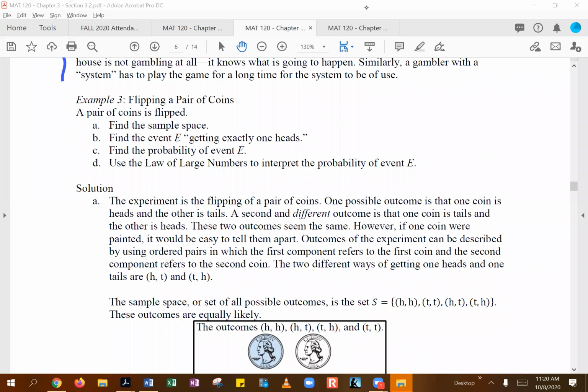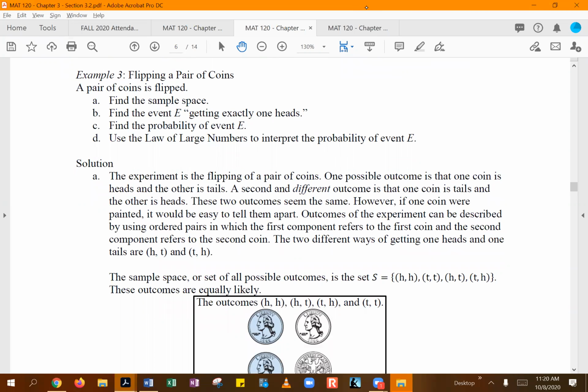Just as an experiment now, we are talking about flipping a pair of coins, so two of them. If you talk about the sample space when you are tossing two coins, you have to think about it this way. Both coins could land on a head, both coins could land on a tail.